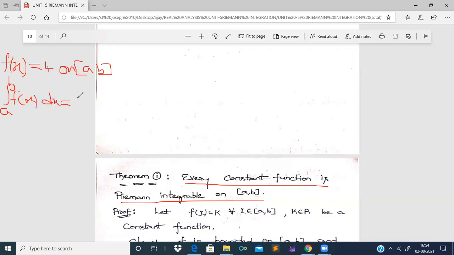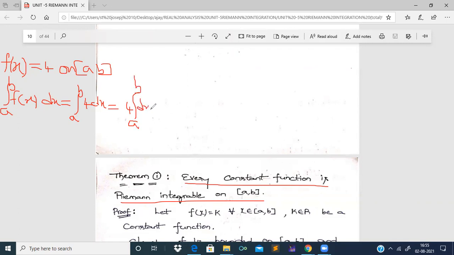Now, see here, integral over a to b f of x dx means integral over a to b, what is the value of f of x on every closed interval a comma b? It is 4 dx. As per the laws of integration, we have to put 4 before the integral. Therefore, we get 4 into integral over a to b dx.